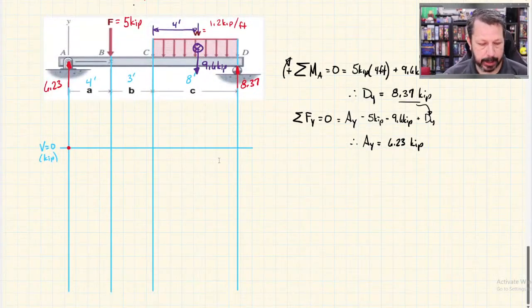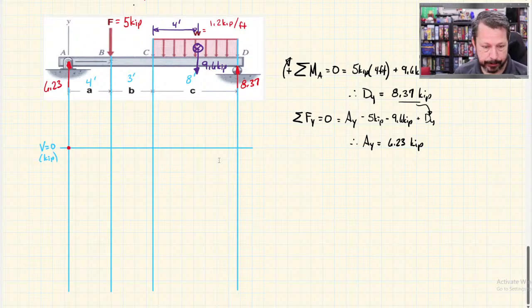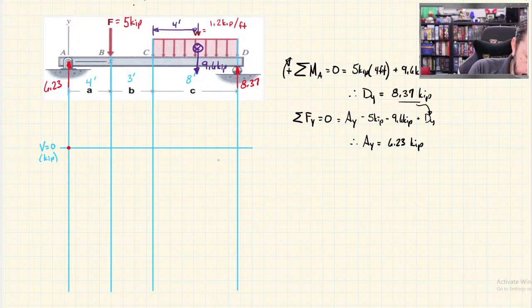All right, so I'm at 0 because I started at 0. There is a point load of 6.3 kips, so I'm going to immediately go up 6.3 kips. I didn't put in scale on here, but let's do 2, 4, 6. We'll call that 6 right there, and so 6.3 is something like right there.